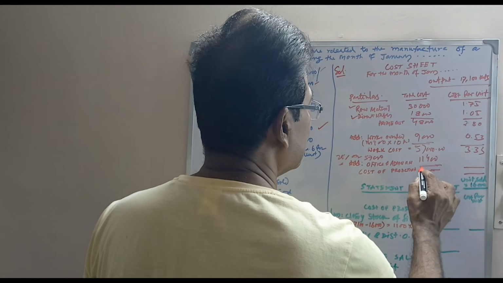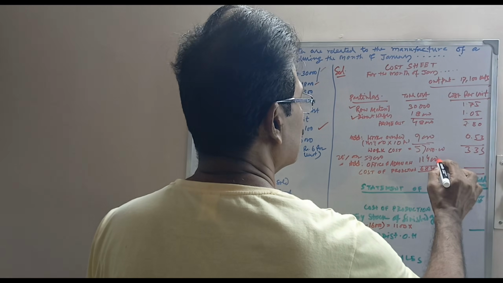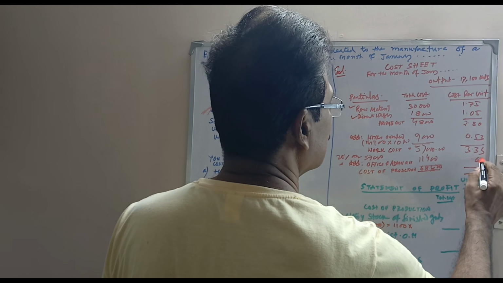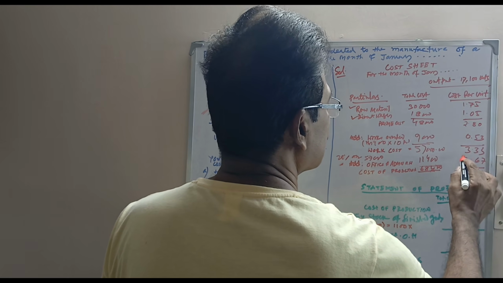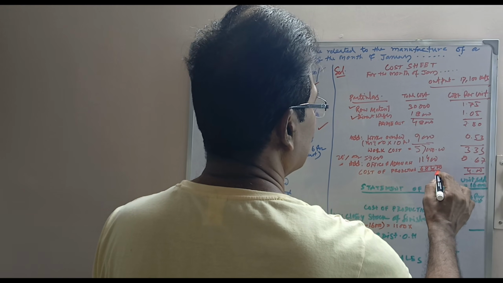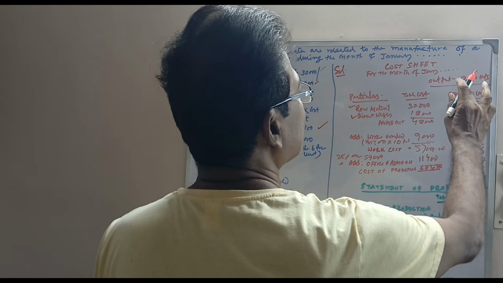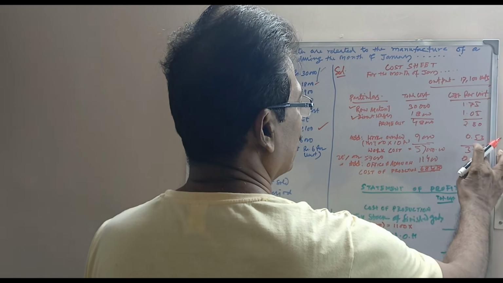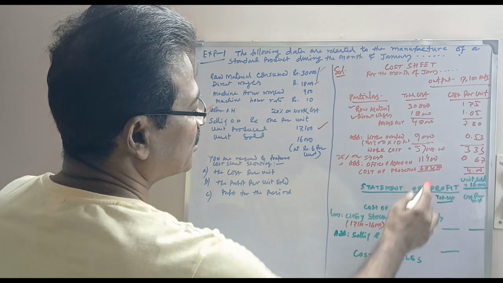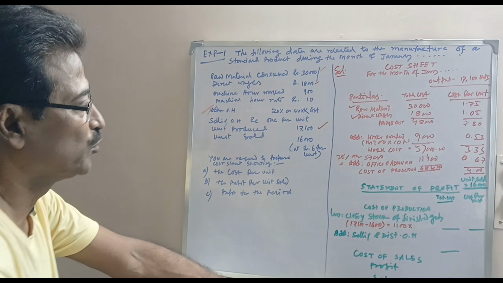If you add it up, it comes to 68,400, and if you divide this by 17,100, the overhead per unit is 0.67. Then it comes out to 4. Either you divide 68,400 by 17,100, or add this plus this. This is 4 per unit. Then cost of production is 68,400, and per unit cost of production is ₹4.